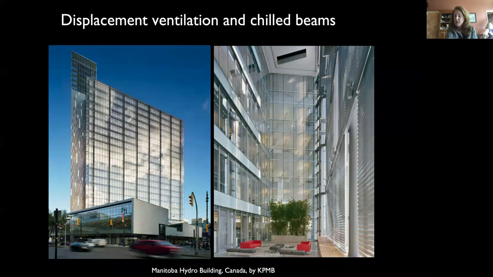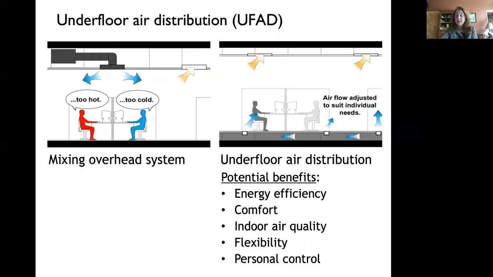And he might actually show you more about this building. What I do want to do, though, is talk a little bit about the next example of delivering air from the floor instead of the ceiling, and that's called underfloor air distribution, or the acronym UFAD. And this is something that at CBE, we spent a lot of years doing research on. My colleague Fred Bauman wrote the design guide for underfloor air distribution, and we've been seeing a lot more increase in this.